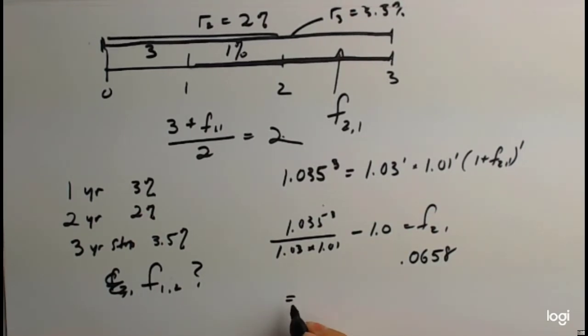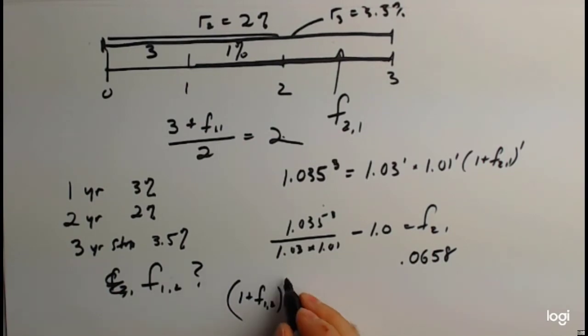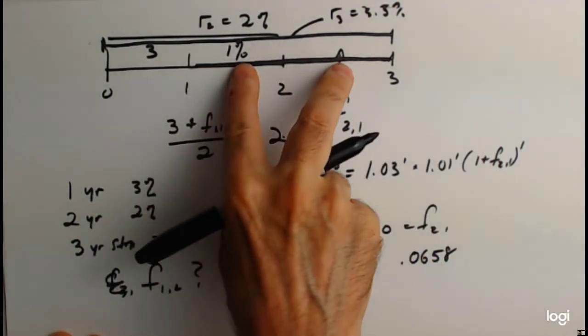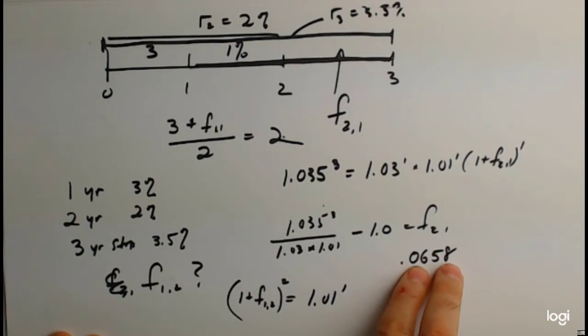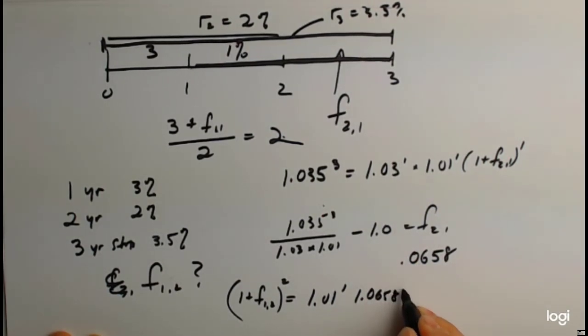We're looking for 1 plus F12, and that's going to equal, and this interest rate will cover 2 periods, 1.01 to the 1 power, and then 1.0658 to the 1 power, right?